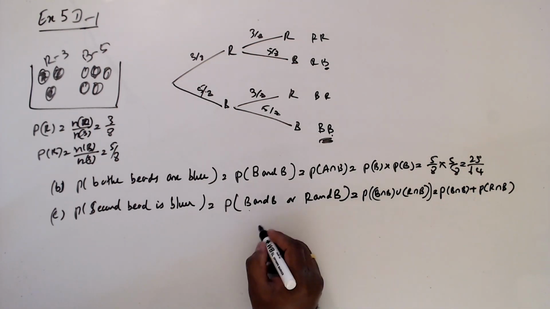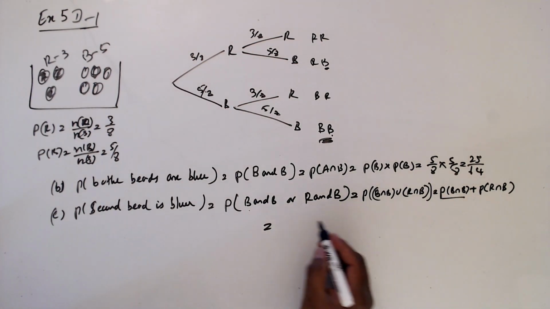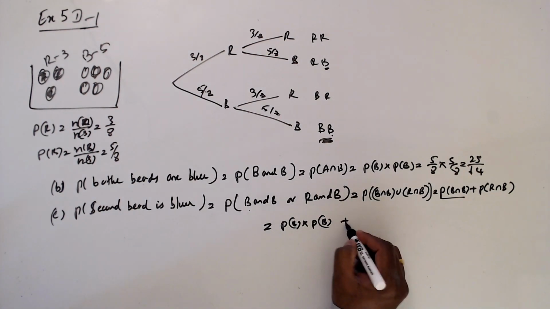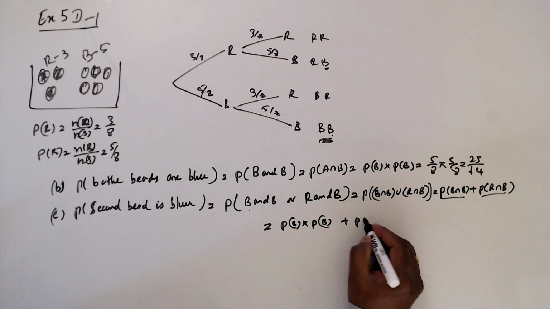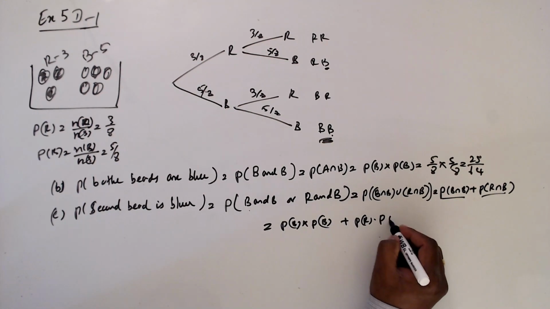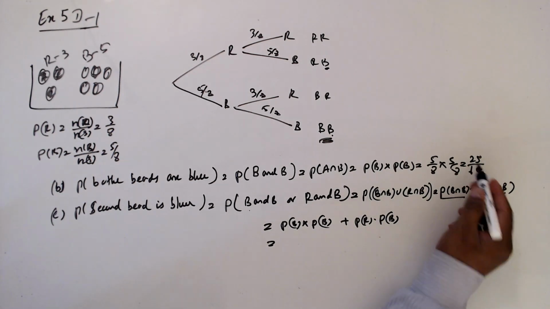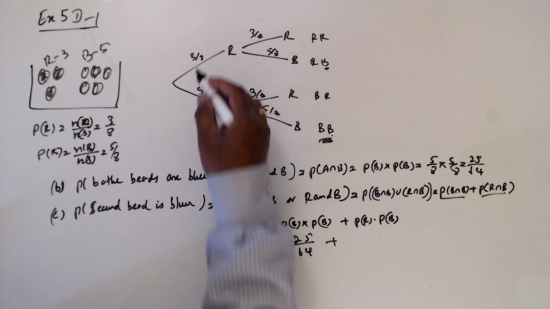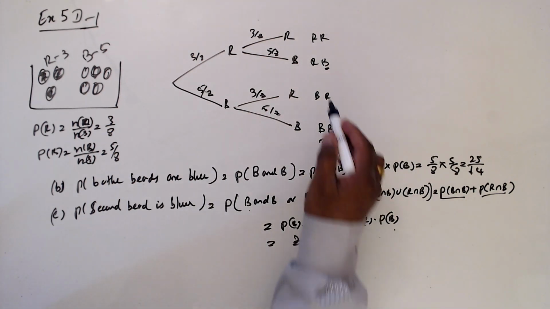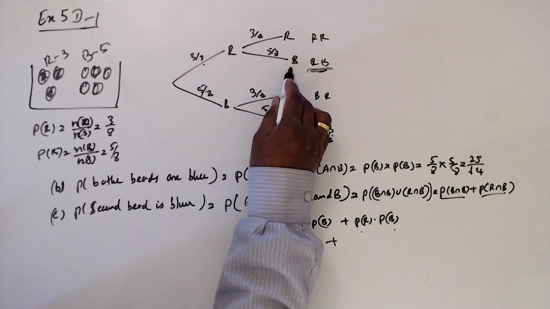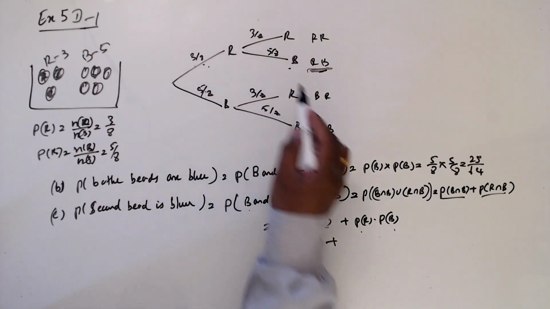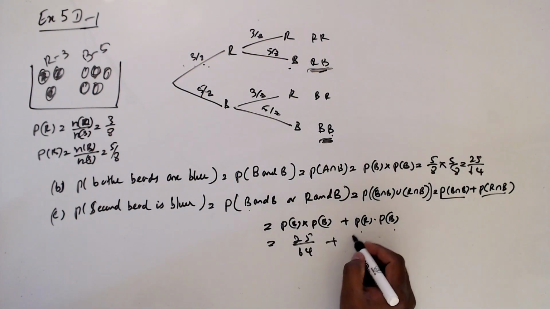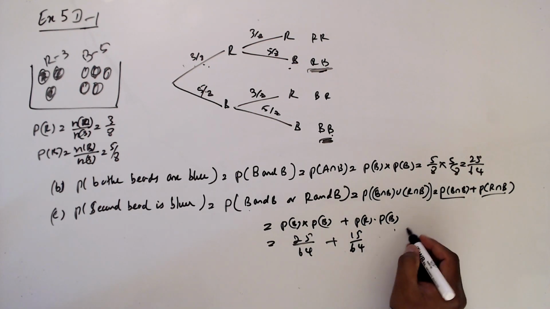So B and B is PB times PB, plus R and B is PR times PB. We already know this answer, 25 over 64, and PR times PB, 3 over 8 times 5 over 8, 3 times 5, 15 over 64.